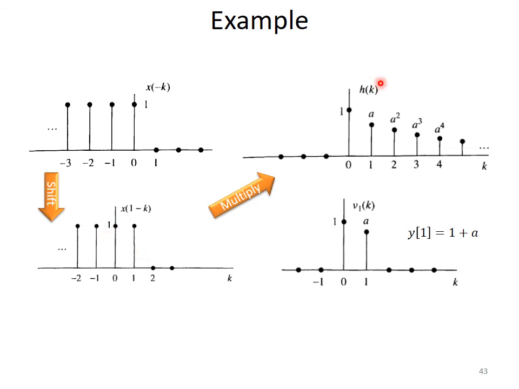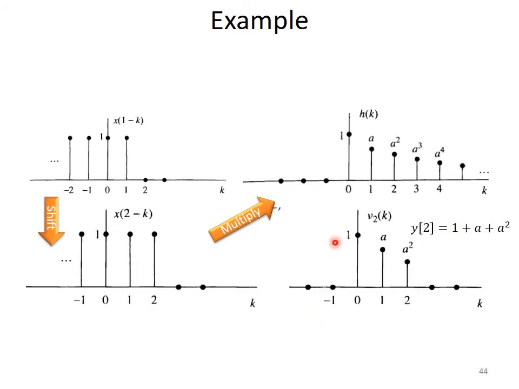So this 1 would be multiplied with 1, and this sample at k equal to 1 would be multiplied with the sample at k equal to 1, which is a. So y of 1 is simply equal to 1 plus a. Likewise, when x of minus k is shifted or delayed by 2 units, you'll get 3 samples as a result, right? 1 plus a plus a square.